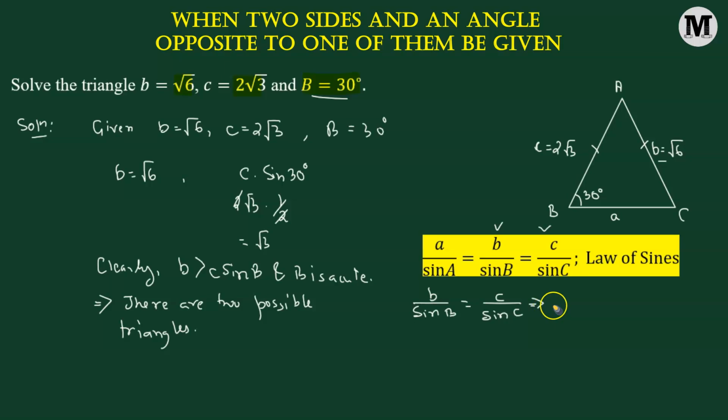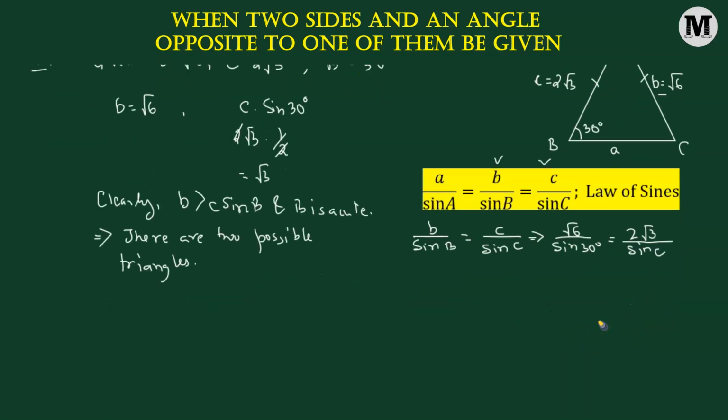We can plug in our values. b is replaced with square root of 6 divided by sine of angle B, which is 30 degrees. That is equal to side c, which is 2 multiplied by square root of 3, divided by sine of angle C. Now we know sine 30 degrees is 1/2, which means we get 2 times square root of 6 on the left hand side, and on the right hand side we have 2 times square root of 3 divided by sine of angle C. Since we need the angle C here, sine of C is equal to 2 times square root of 3 divided by 2 times square root of 6.